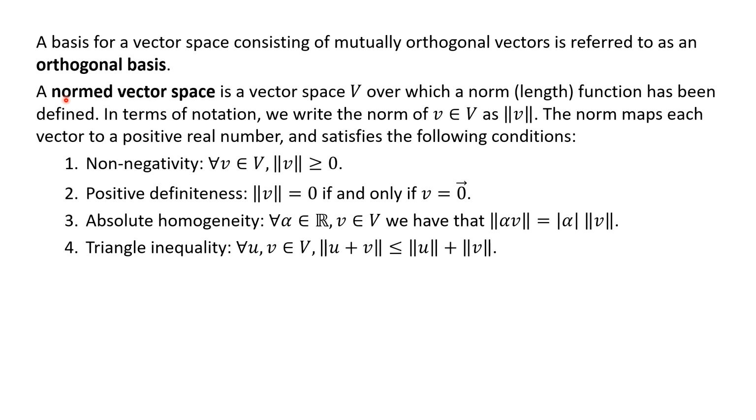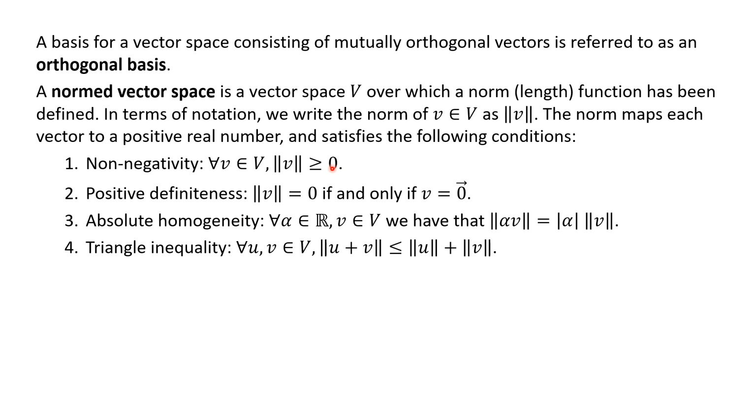A normed vector space is a vector space over which a norm, or a length function, has been defined. In terms of notation, we write the norm of v, an element of vector space V, this way here. The norm maps each vector to a positive real number, a length basically, and satisfies the following conditions.